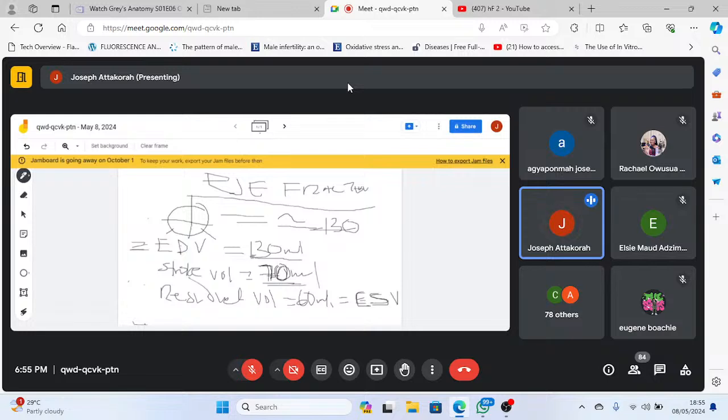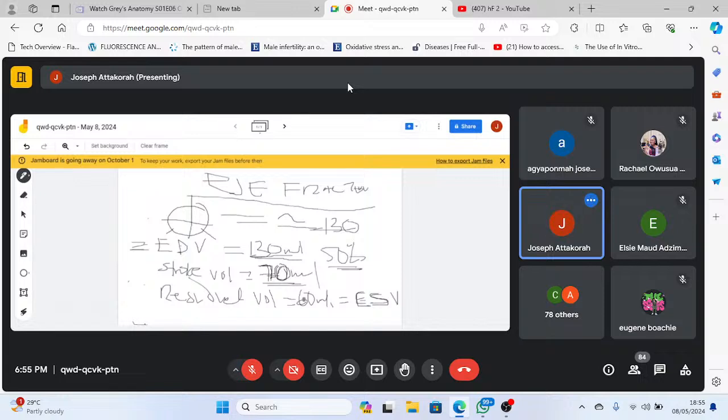The end diastolic volume is 130 mils, the stroke volume is 70. So more than half of the blood is ejected, and in percentage, more than 50% is ejected.